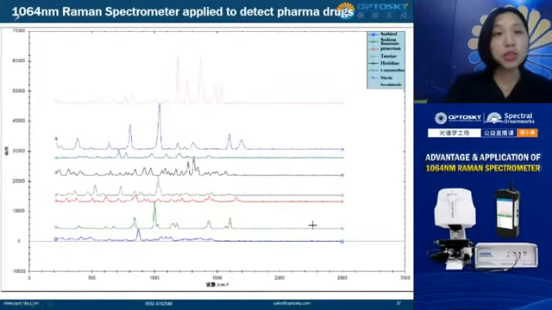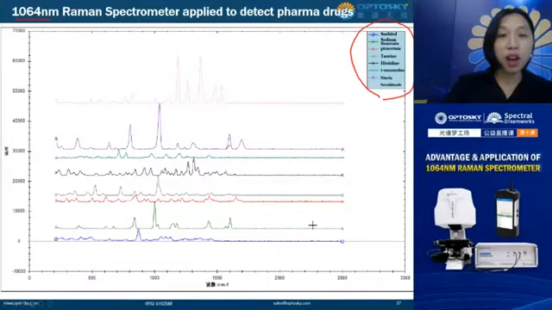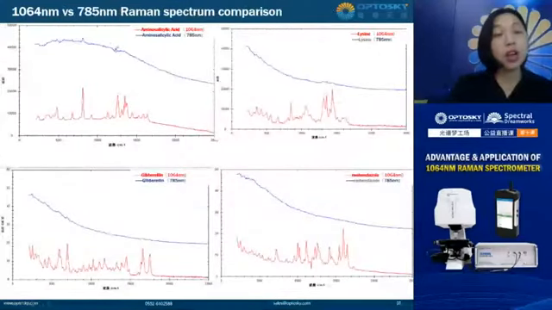So we also use the 1064 Raman spectrometer to detect this kind of drug with very good, distinct shifts.